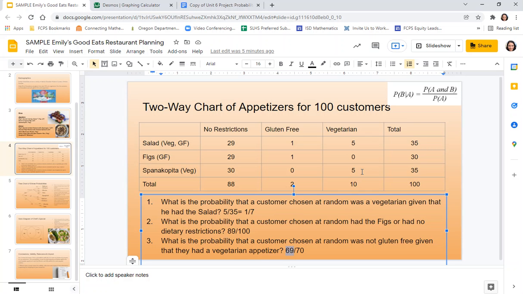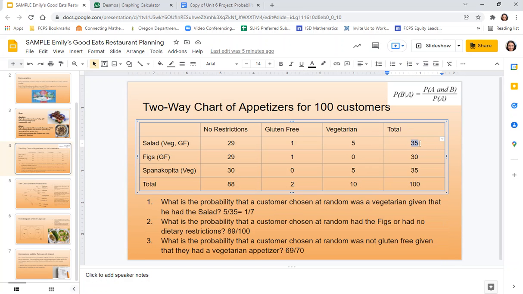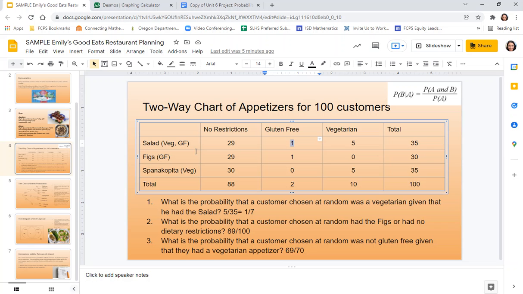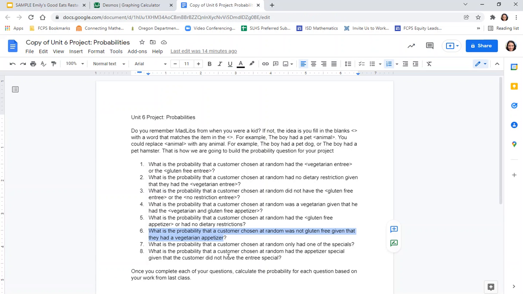So there I can use the totals. So I had 35 people who had this vegetarian appetizer, 35 people had this vegetarian appetizer, and that's 70 altogether. And that's because there was only one gluten-free person who had a vegetarian appetizer, and that's the difference between these numbers here.